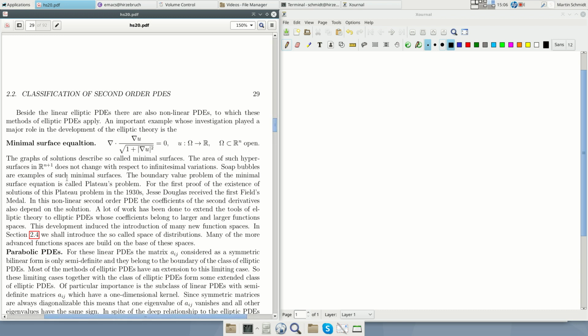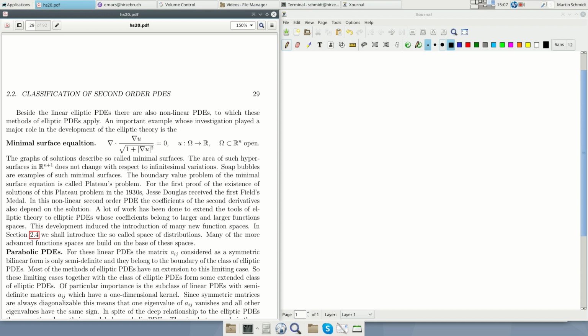These are surfaces where, when you take an infinitesimal variation of the surface, so you perturb it locally a little bit, then in first order the total area doesn't change. This is the defining property. And typically the area is a minimum among all surfaces which go through the fixed boundary.